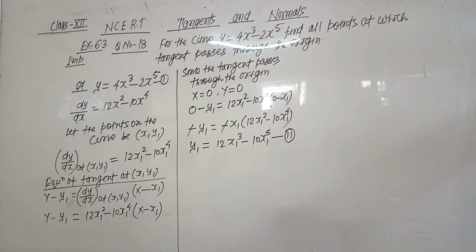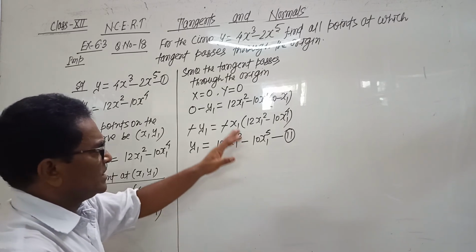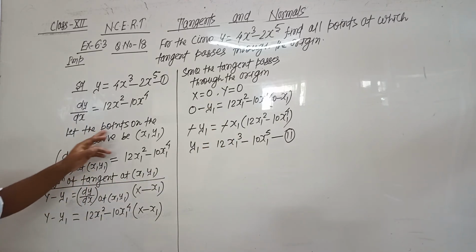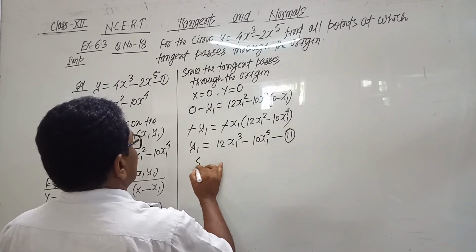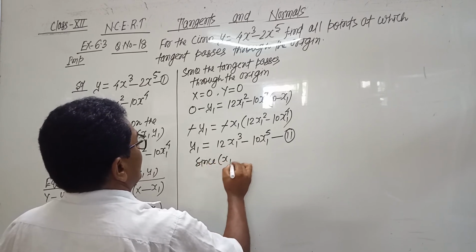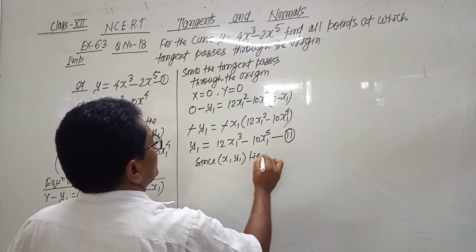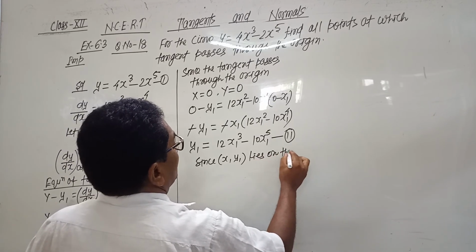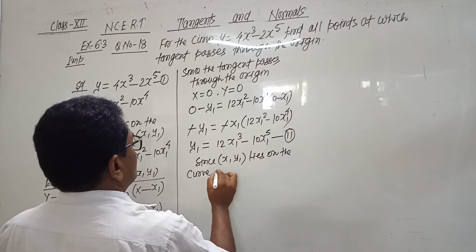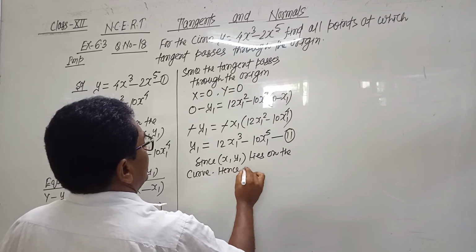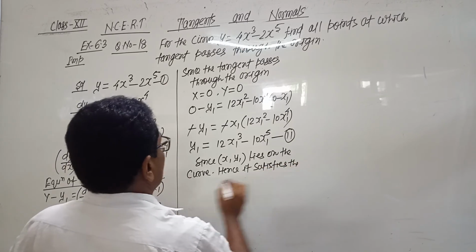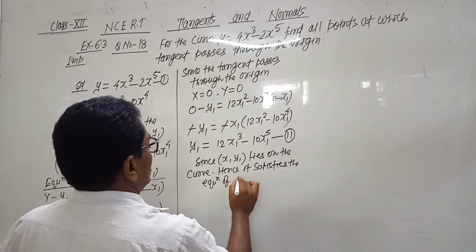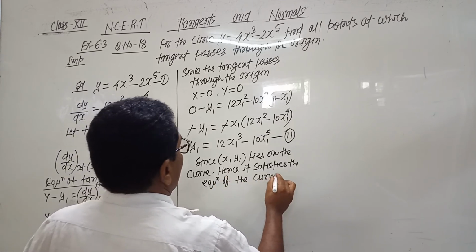So we get the value of y1: y1 equals 12x1 cube minus 10x1 raised to the power 5. But we have taken the point (x1, y1) on the curve. So since (x1, y1) lies on the curve, it satisfies the equation of the curve.